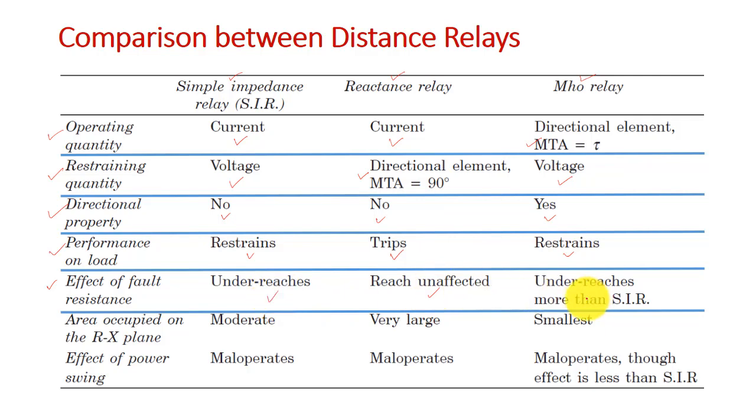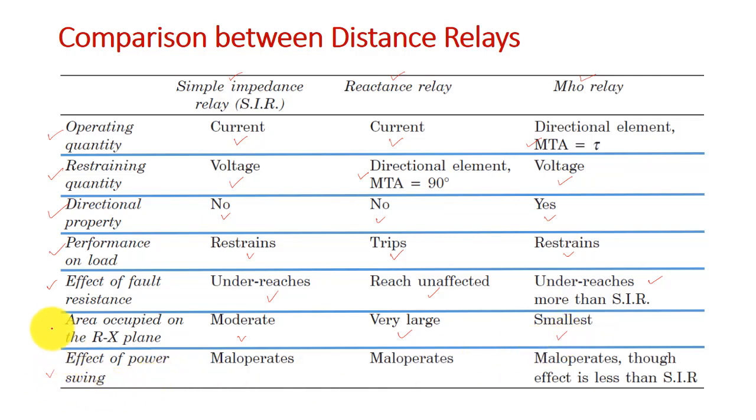And the Moore relay underreaches, slightly less than the simple impedance relay. If we compare the area occupied on the Rx plane, the simple impedance relay occupies a moderate area, the reactance relay occupies a very large area, and the Moore relay occupies the smallest area.